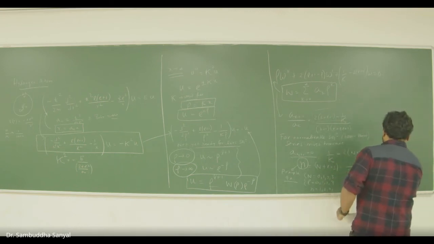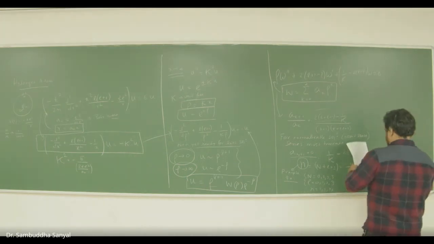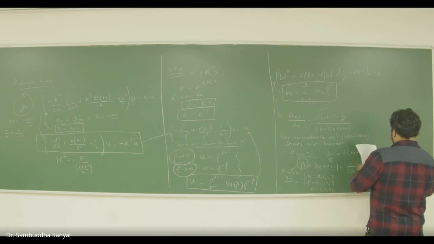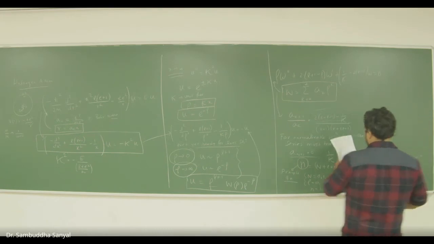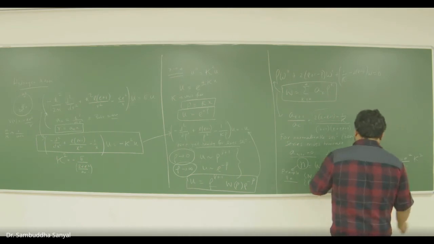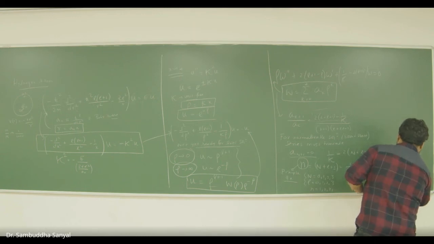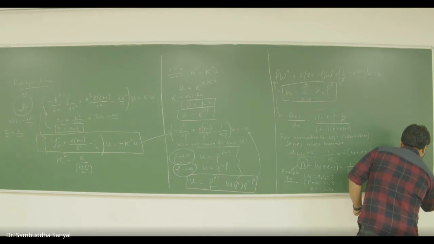my E is, so now I go back to the kappa notation. E is minus 2 Z squared e squared by a0 times kappa square, which is nothing but, now kappa is quantized, so this is E_n equals minus Z squared e squared by 2a0 times 1 by n square.